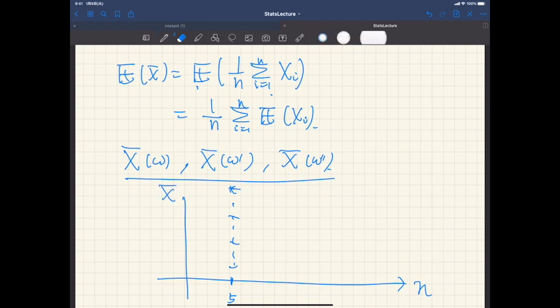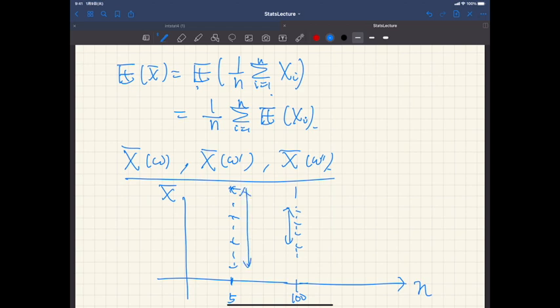But if we sample 100 days, then the deviation may be smaller. So this is larger, smaller.